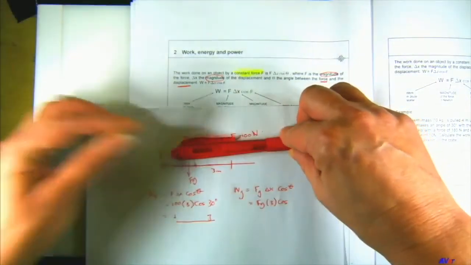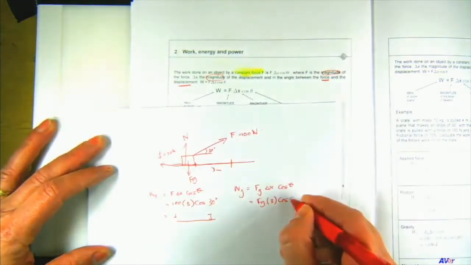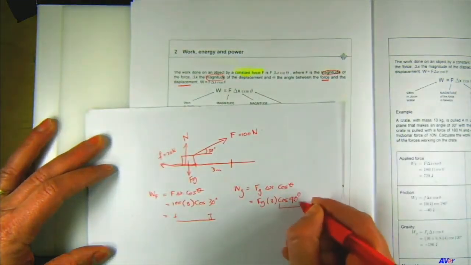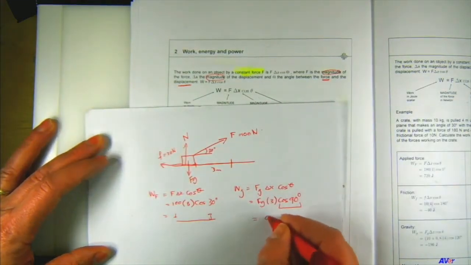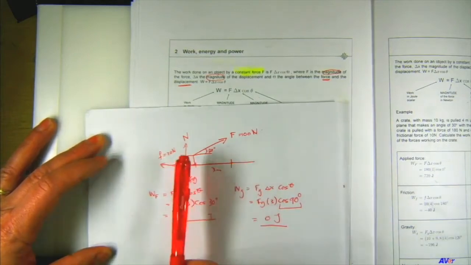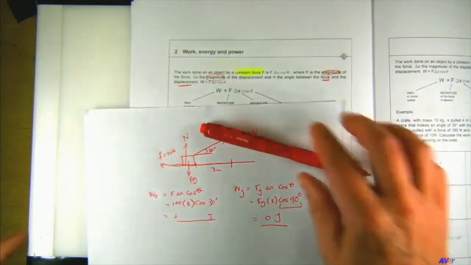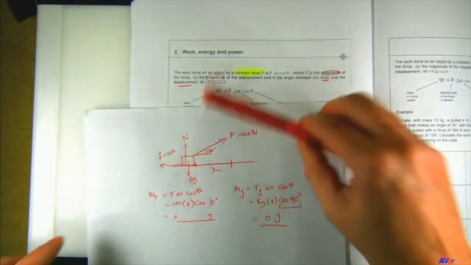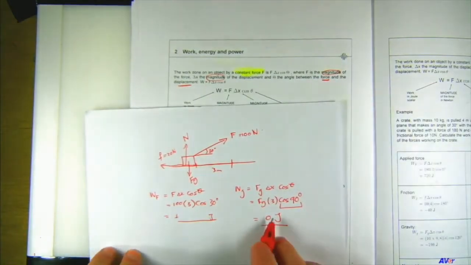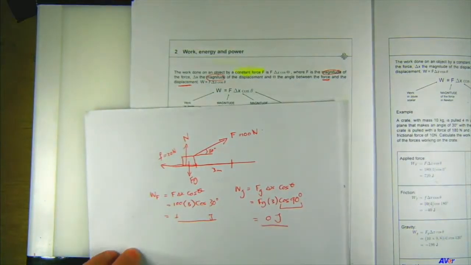How far am I turning? 90. And what do we know about cos 90? It's 0. So whenever you have a force that is perpendicular to the displacement, immediately the work done by that force is 0. And remember, don't just write 0. You still write 0 joule. Just remember to keep writing the joule.